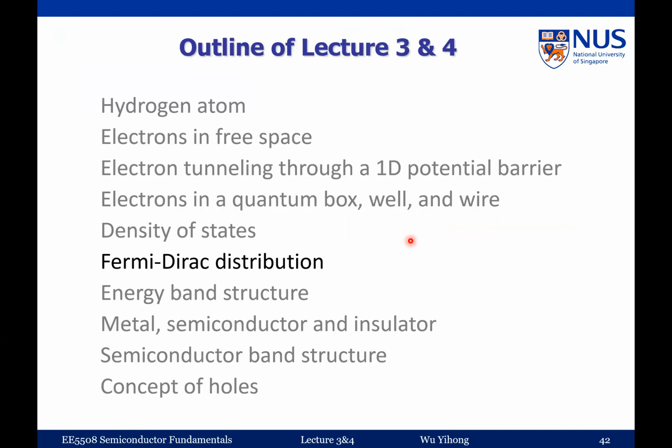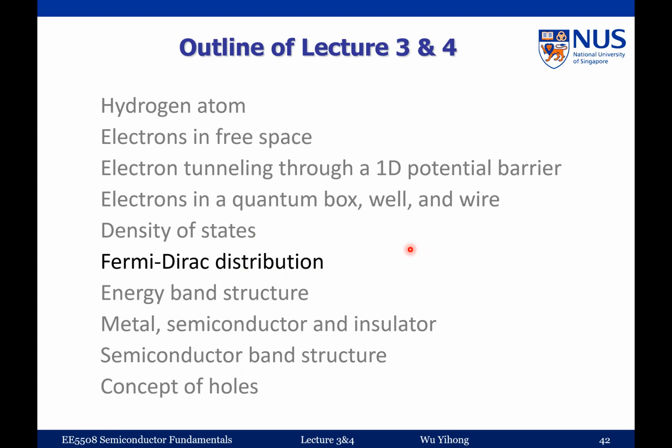Okay, once you know this, and you know the density of states, we know that electrons will fill up the energy space or K space from the smallest energy, and eventually you end up at the Fermi surface. So at zero temperature, your Fermi surface is supposed to be very sharp.